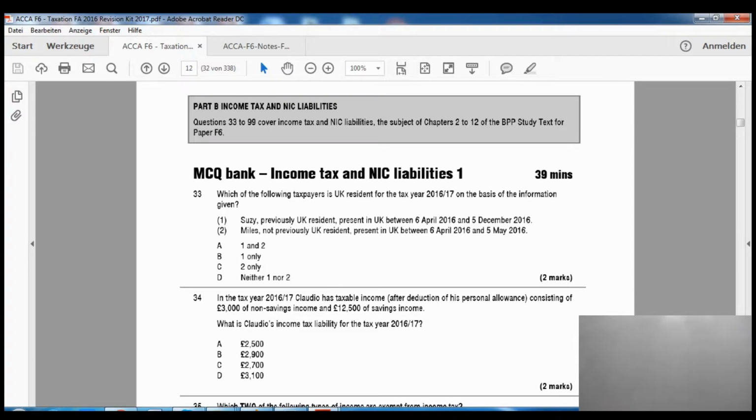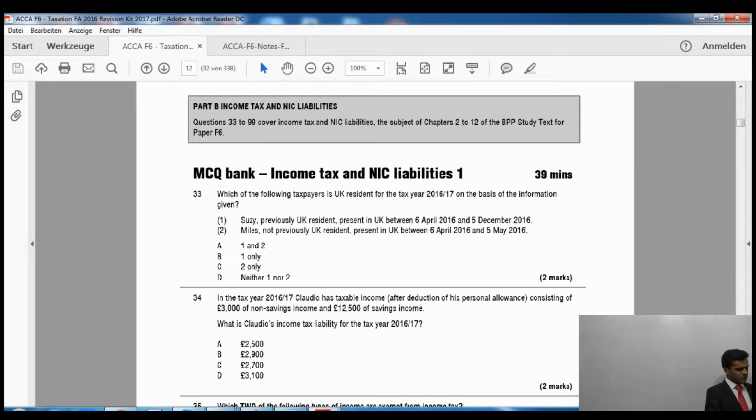So out of £12,500 savings income, £2,000 will be covered by the starting rate band and £1,000 will be covered by the nil rate band. So she will only have to pay tax on £9,500 of savings income at the rate of 20%.